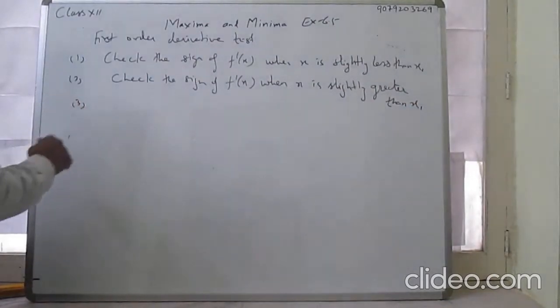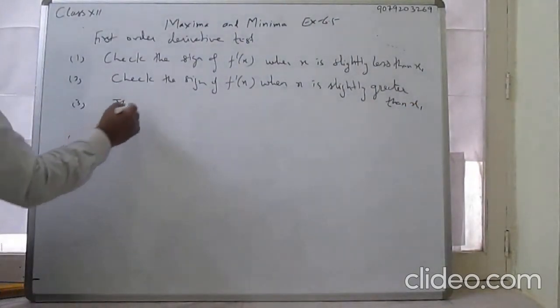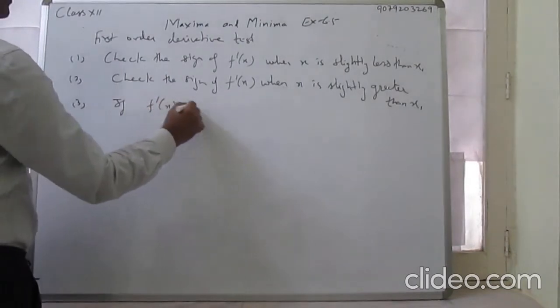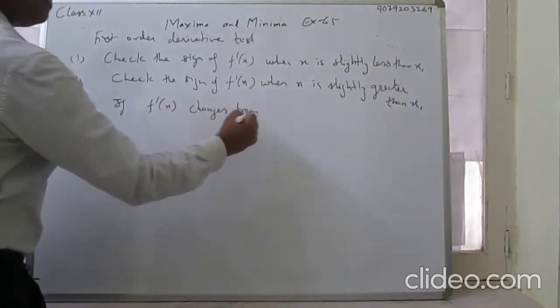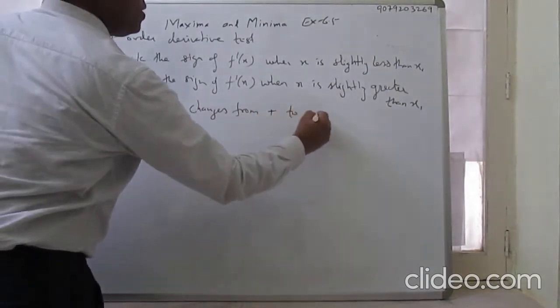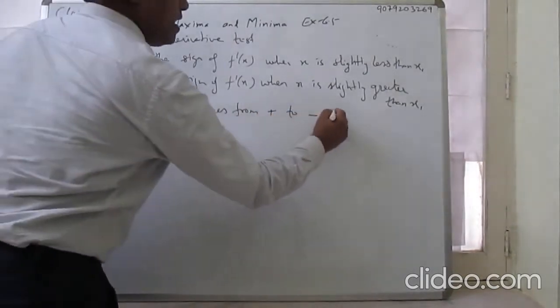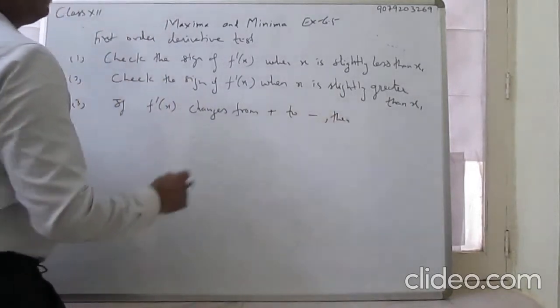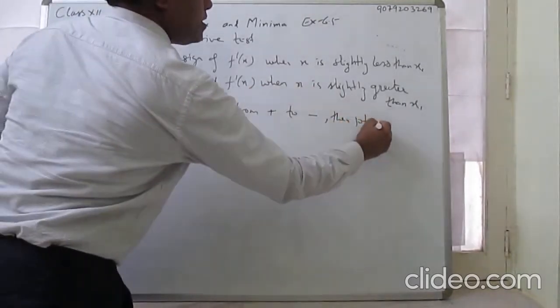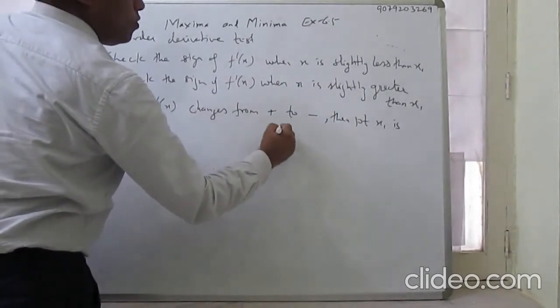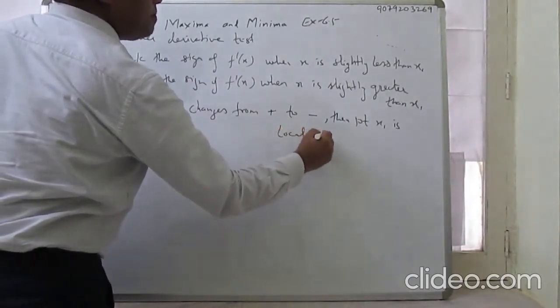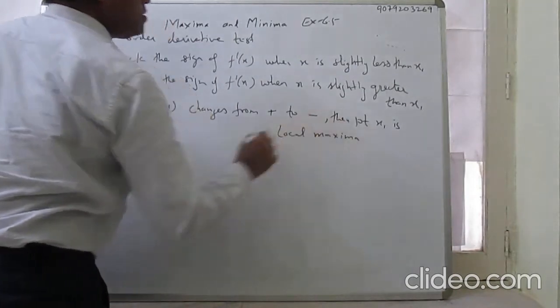Third, if f dash x changes from positive to negative, then point x1 is local maxima.